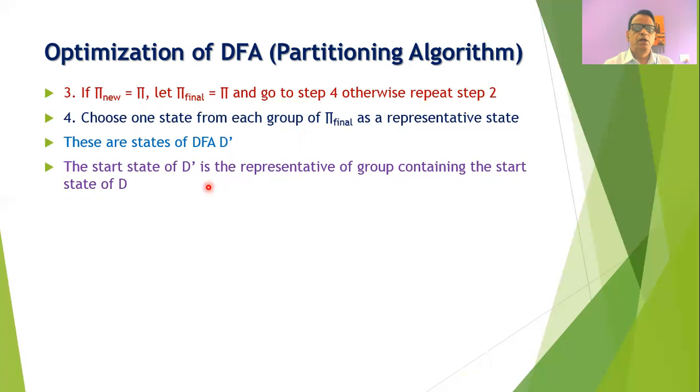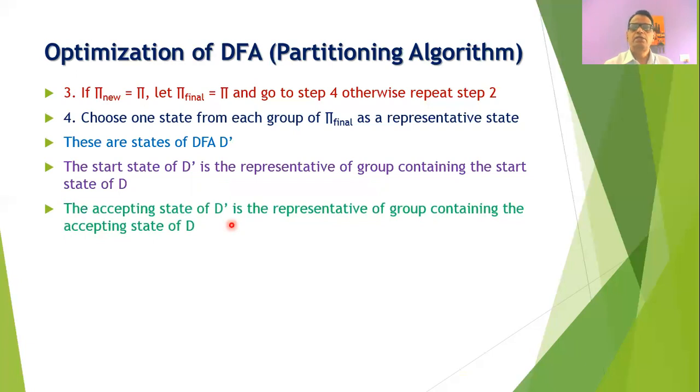Now the start state of the DFA D dash is the representative of the group containing the start state of the DFA D. So whatever is the start state of the DFA D, if it is there in some state of the DFA D dash, then that state can be called the start state of the DFA D dash.